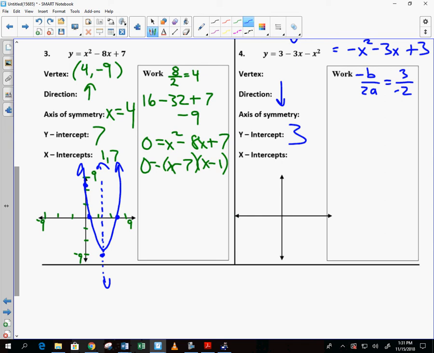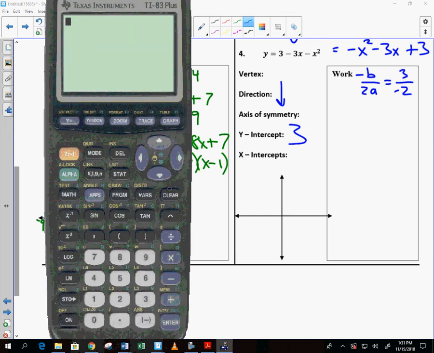If you want to write it as a decimal, go ahead. Lots of people will take 3 divided by -2, and they get -1.5. What do I do to get the next value? Plug it in.